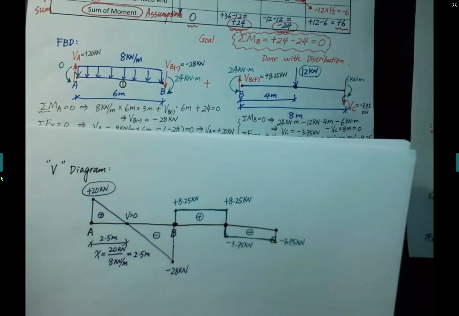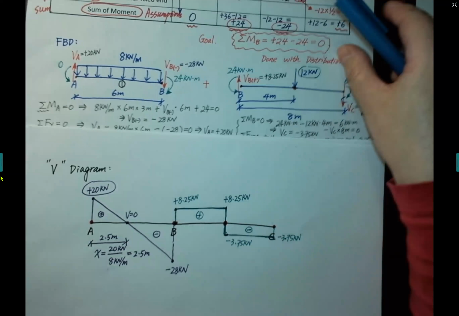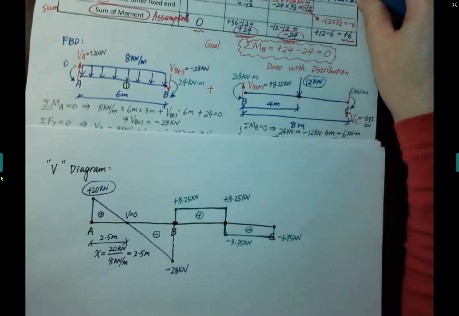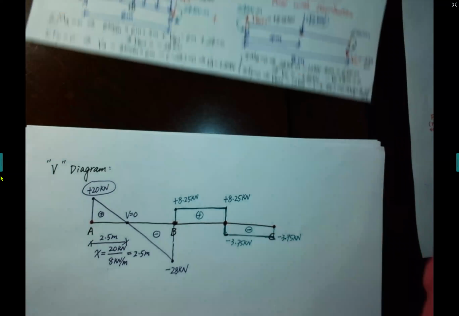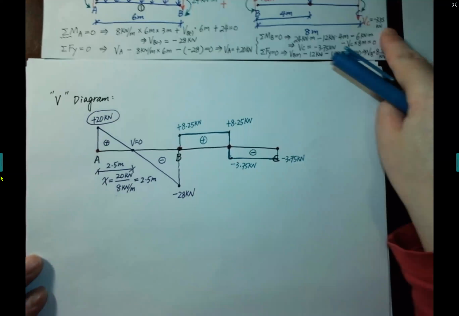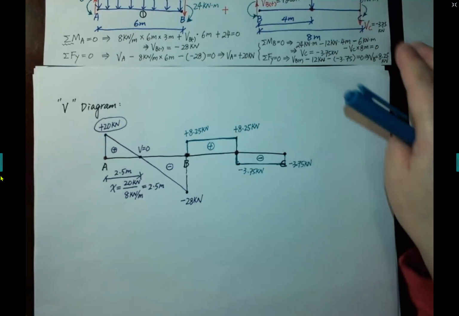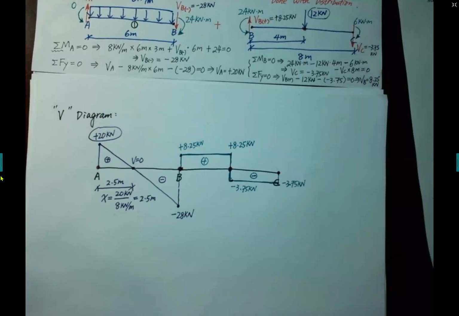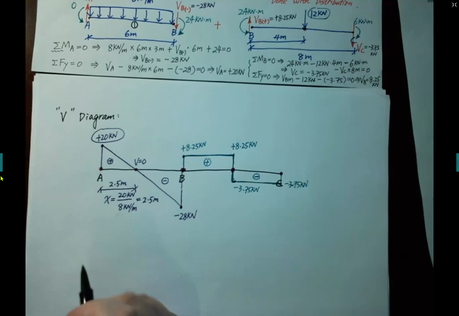After we get the shear diagram, we can draw the moment diagram. When we draw the moment diagram, we need to refer to the free body diagram and the shear diagram.